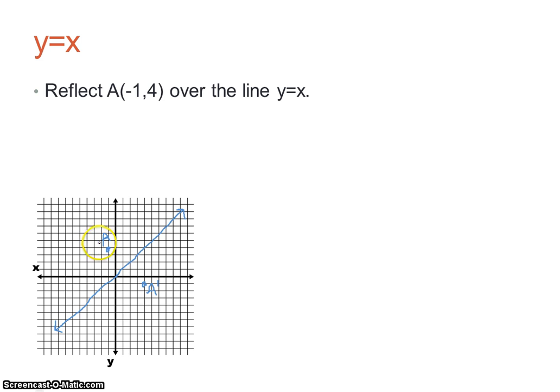If we look at our line, our perpendicular line will go right through these 2 points, and you can see how it's the same distance looking at your grid. So our A prime coordinate, our image, would be at 4, negative 1. If we look at our pre-image and our image, we go from negative 1, 4 to 4, negative 1.